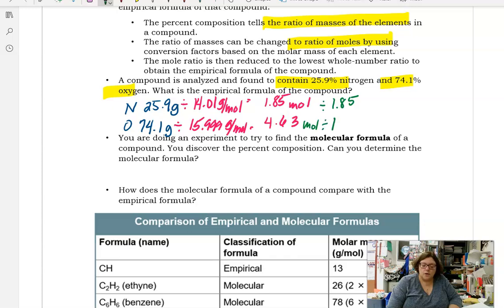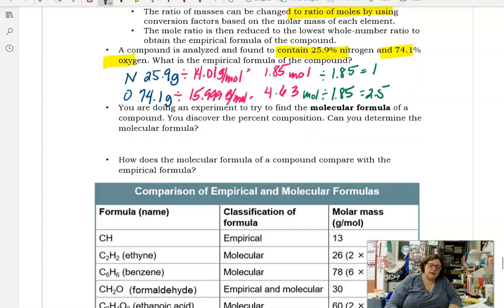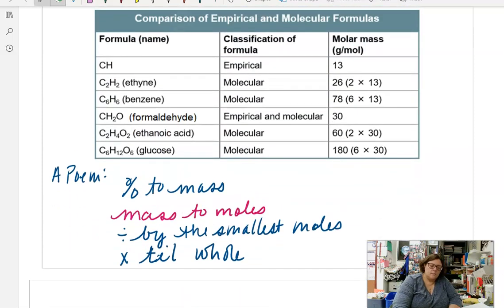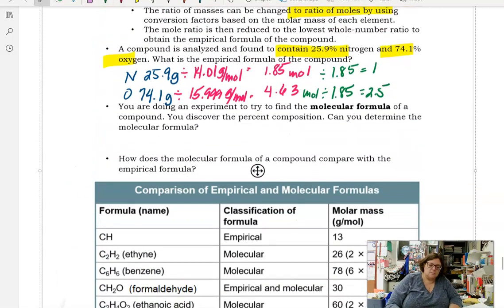So I'm going to have a 1 to something ratio. 4.63 divided by 1.85. Change that to green. I'm not going to worry about it at the moment though.